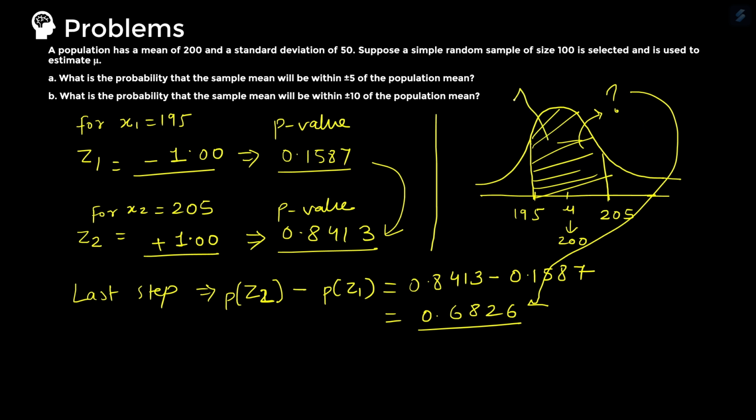So this portion is approximated to be around 0.6826, or if you want to convert this into a percentage, it is 68.26%, meaning that the sample mean within the plus minus 5 range has a probability of 68.26%. That's it.